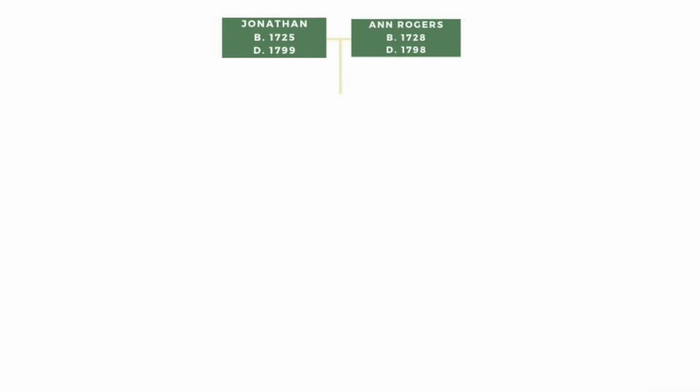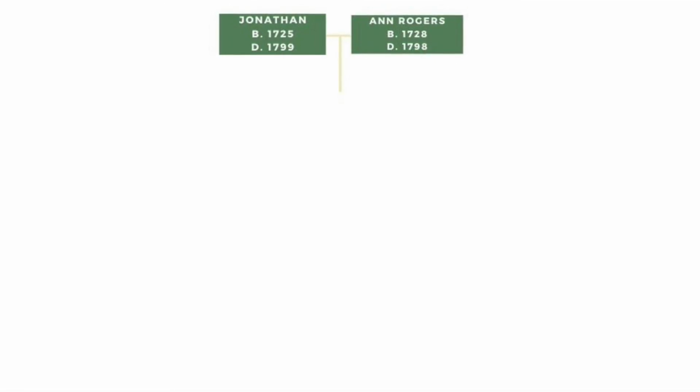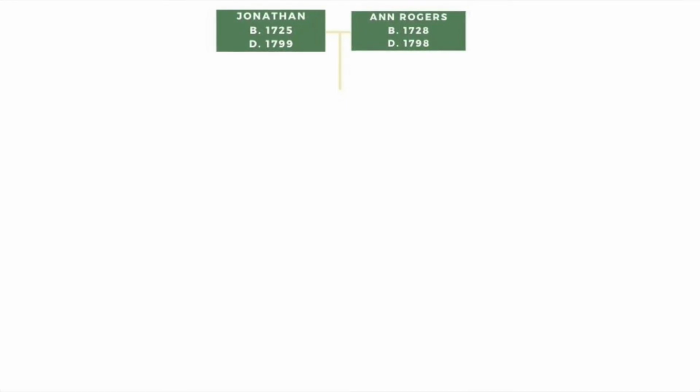The date next to B would be their birth year, and the date next to D would be their death year. So Jonathan was born in 1725 and died in 1799. Anne was born in 1728 and died in 1798.